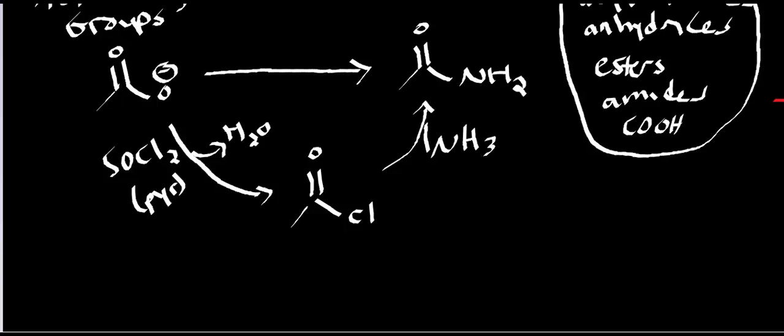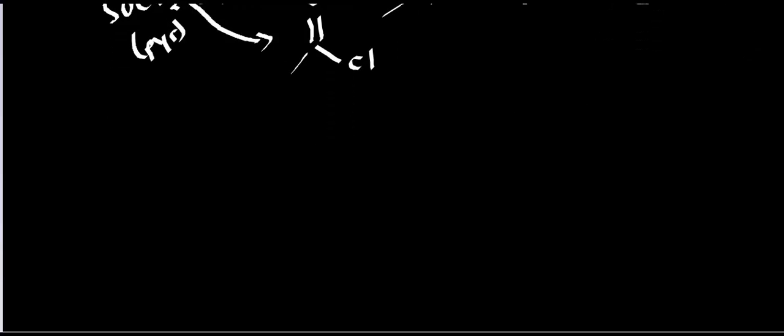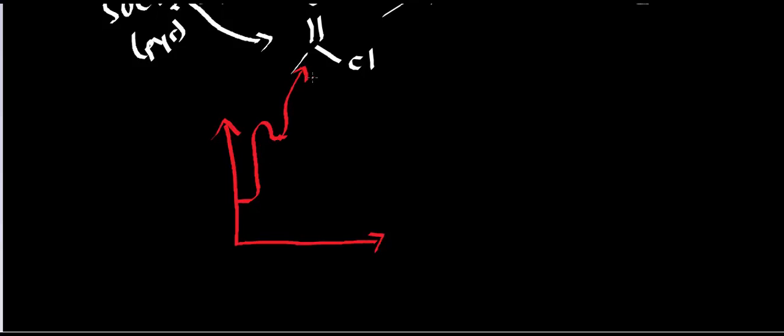So if I was to draw a coordinate diagram with this, it would look something like this. I start with something around here, and I have a good way to raise it up in energy. This right here would be the thionyl chloride, and then I can get it to the amide.